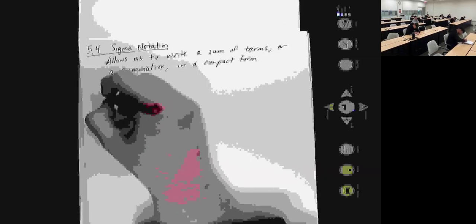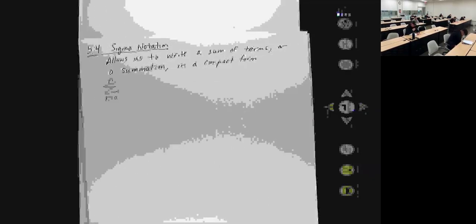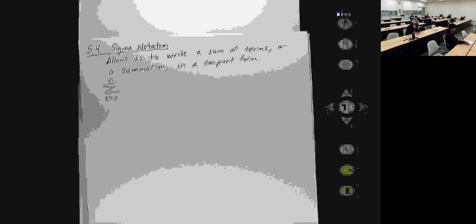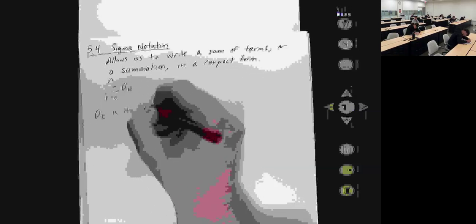Basically, the notation goes something like this: k equals 0 to n, and I'm just gonna list it as a sub k, where a sub k is the kth thing to add up.